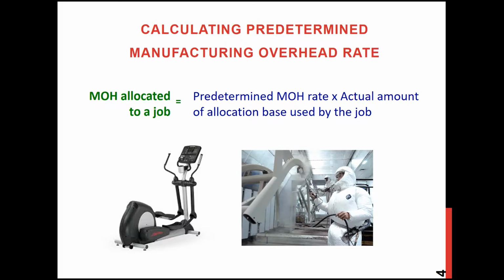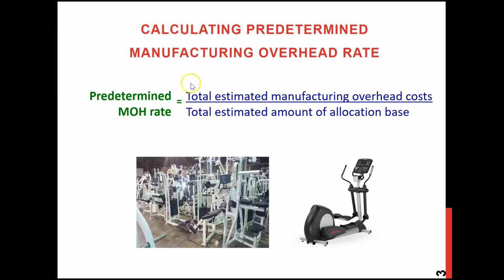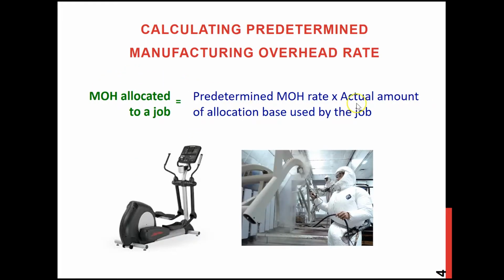Once you know your predetermined overhead rate from the previous formula, you need to multiply it by the actual amount of your allocation base or cost driver.